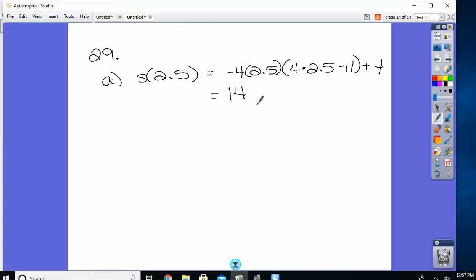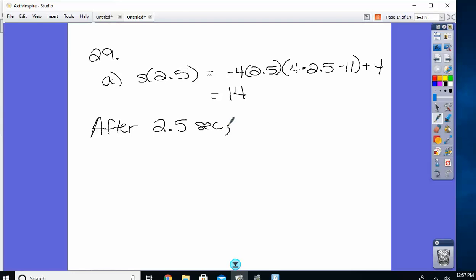Okay, the trickier part might be the interpretation. What does that mean? So what does the 2.5 stand for? The time. And it told you in the problem it was t seconds. So that means after 2.5 seconds, S of t gives the height.